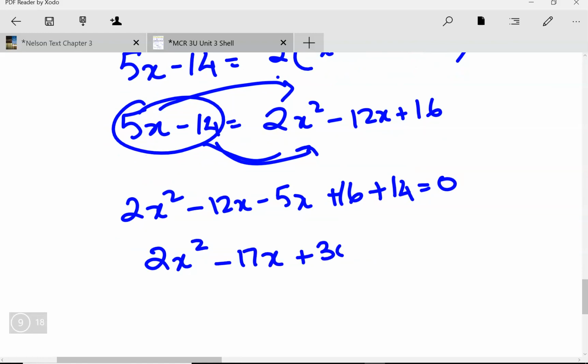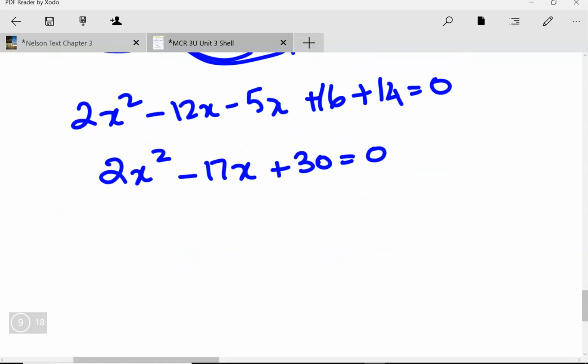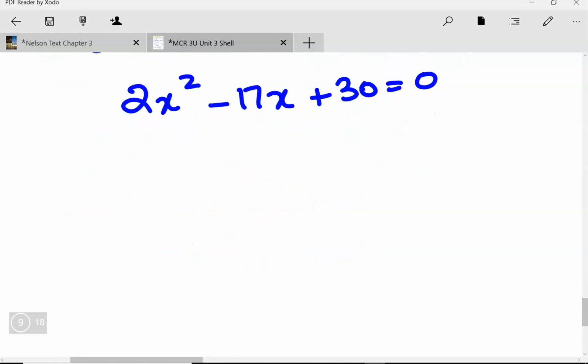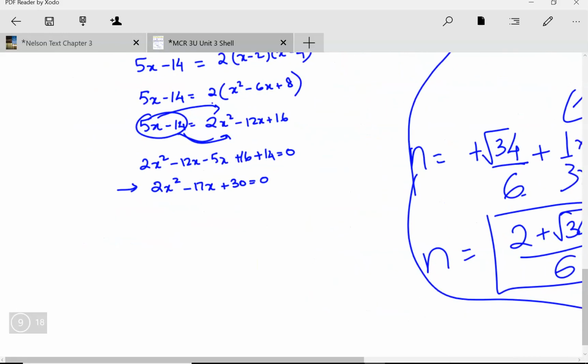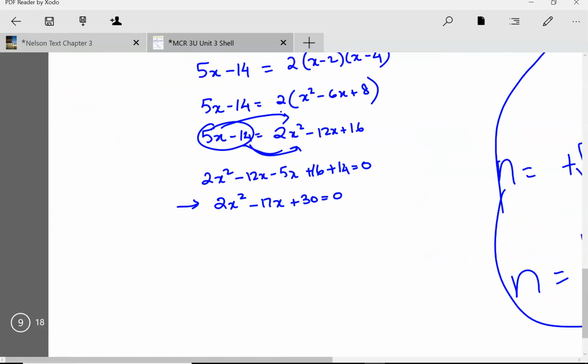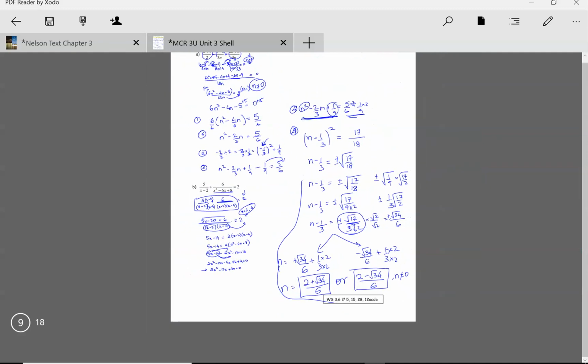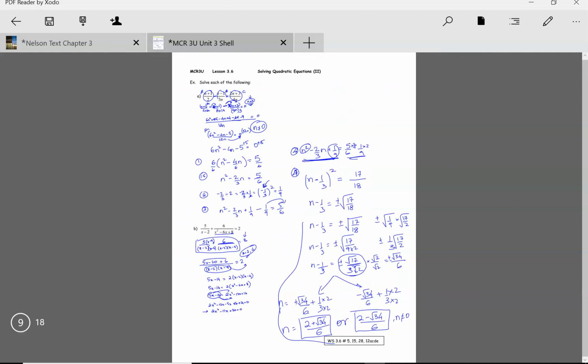Alas, I have a 17, which is not divisible by 2, so it's going to be a little bit annoying to do, but that's okay. Again, after we get to this stage, which is a big process to get to, as soon as we get here, we know what to do. If you were in class, I would tell you to put a star beside these questions.